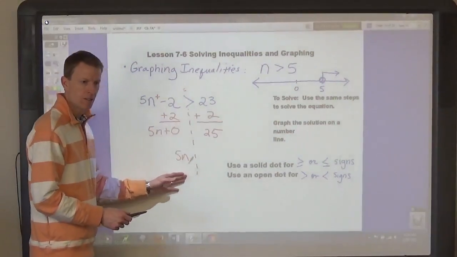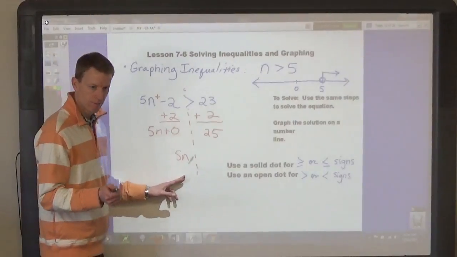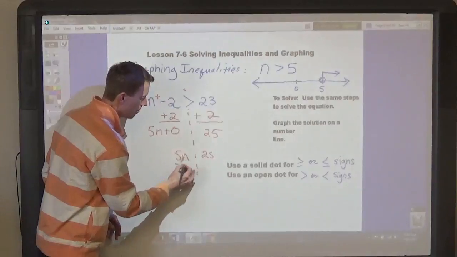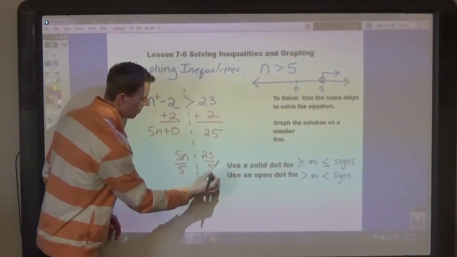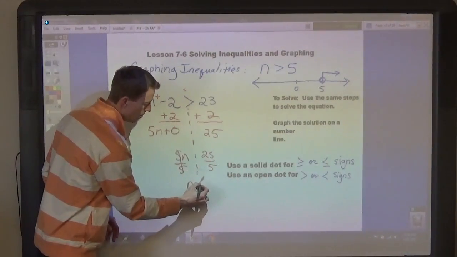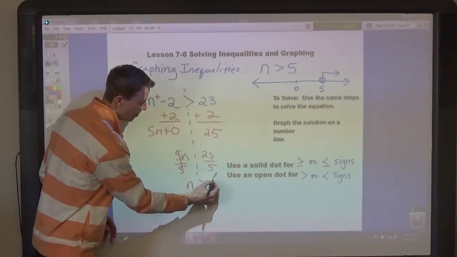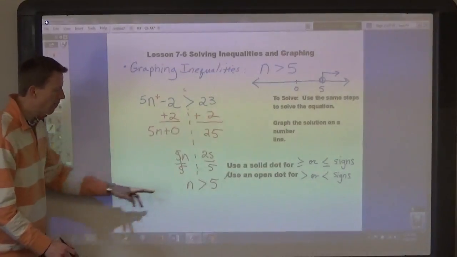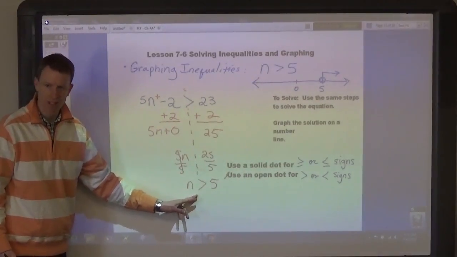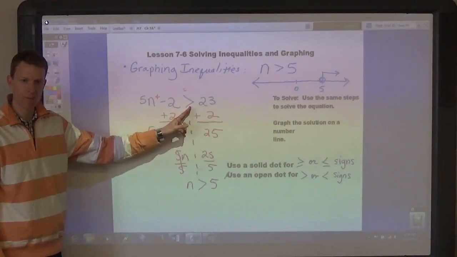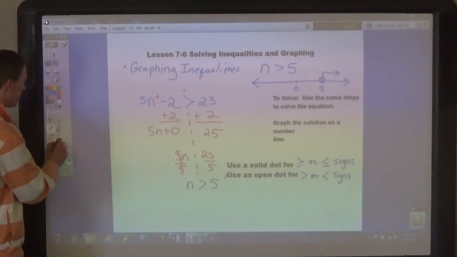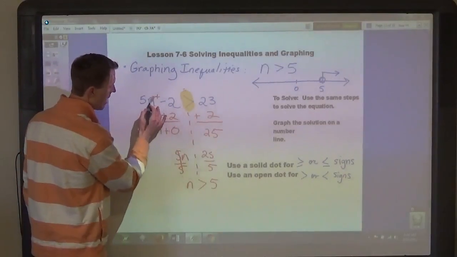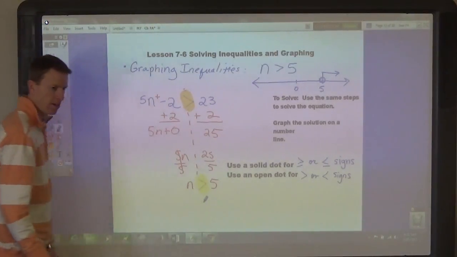We do 5n divided by 5, which equals n, and 25 divided by 5, which equals 5. Now, instead of writing the equal sign, you write whatever inequality symbol is there. We write this as our solution: n is greater than 5.